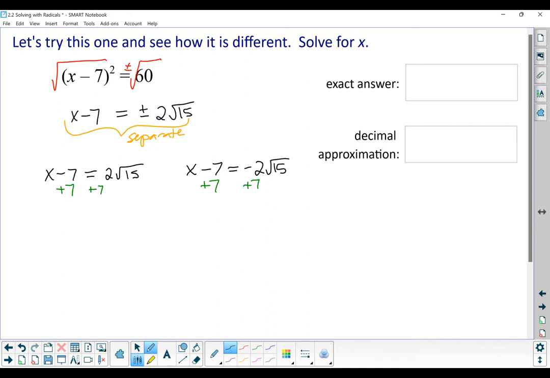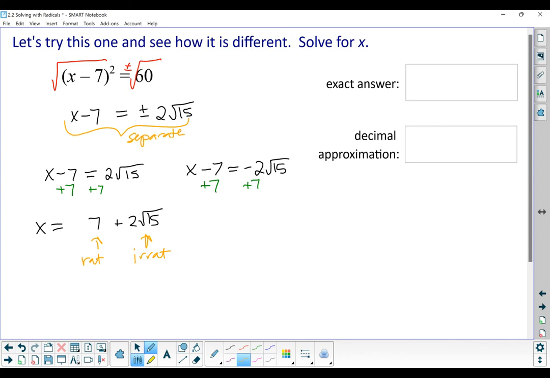So on this side, I end up with two things that I'm adding together, a 7 and a 2 root 15. But because this part of it is rational and this part of it is irrational, they can't really combine.